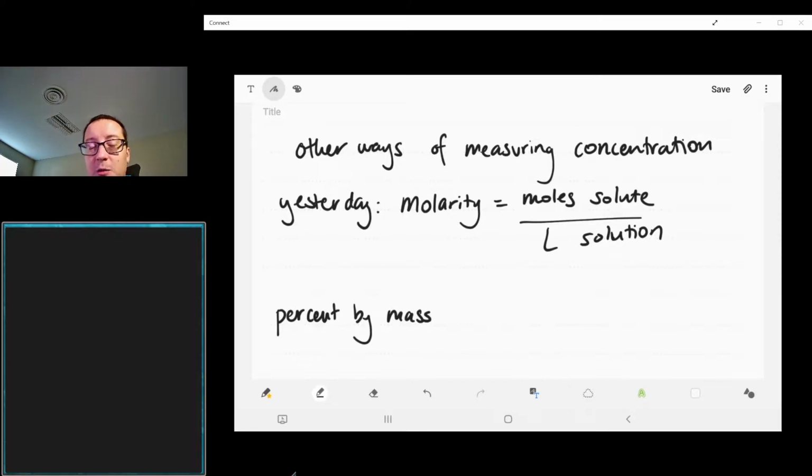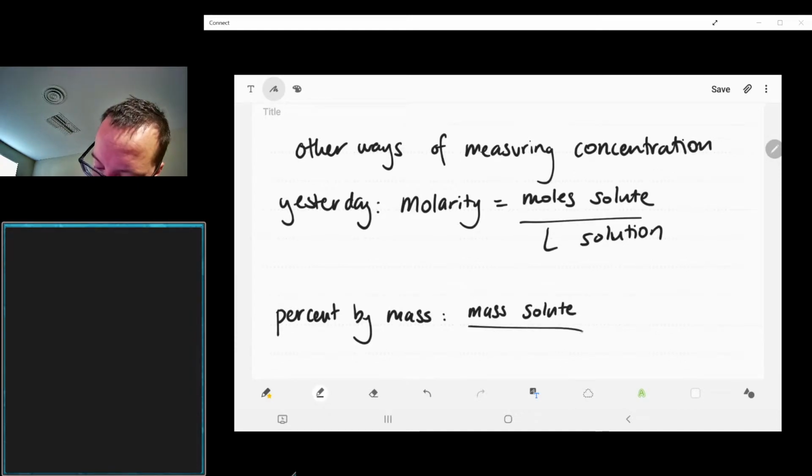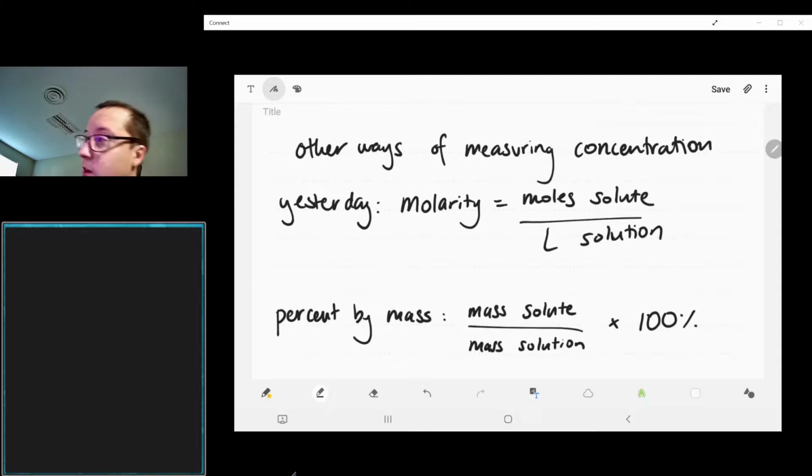So, when they're making these things up, they're easier to do because it's just by mass. And so what this is going to be, it will be the mass of your solute over the mass of the solution. And since it is a percent, we'll go ahead and just multiply by 100, just to make it nice, right?